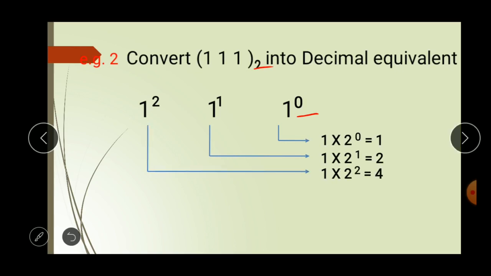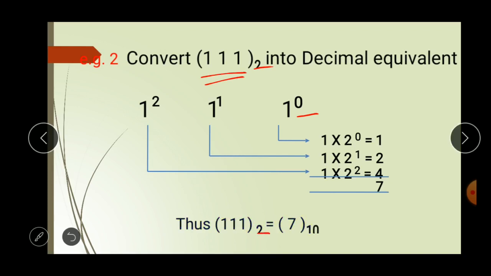We will do this same activity for all the digits. At last, we will add them together. The obtained result is the decimal equivalent of the given binary value. So 111 of binary is equal to 7 in decimal.